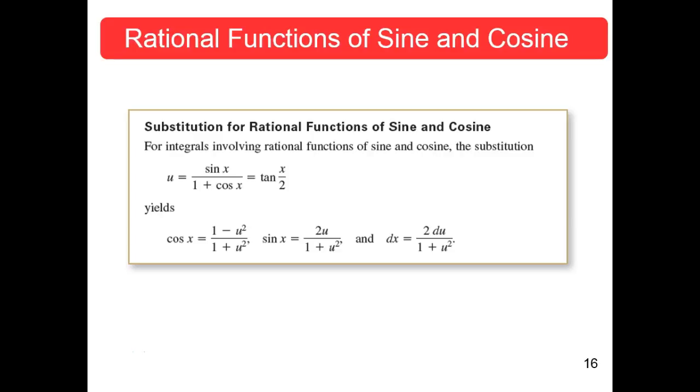Now, I know where this is coming from. This is going back to the tangent of your half-angle formula, which is not one I use too frequently, but you can always look it up. And you do that substitution, and this is what you run into. And my word, I'm not about to memorize that or try to live with that.